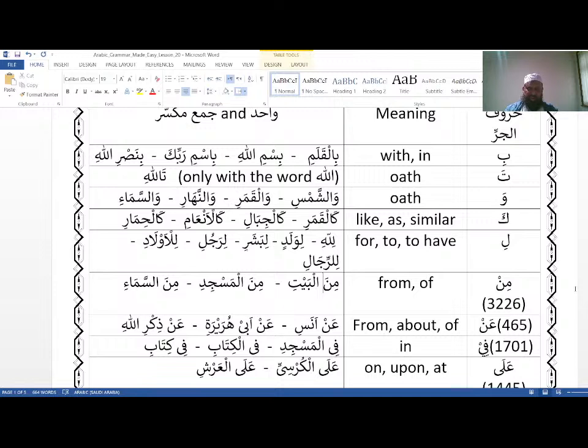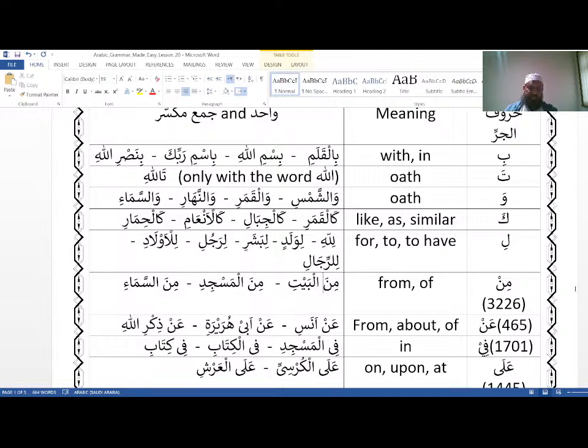That teacher heard from his teacher's name, all the way to the Sahabi Anas. In hadith chain, we'll find this. An Anasin, from Anas, or narrated by Anas.